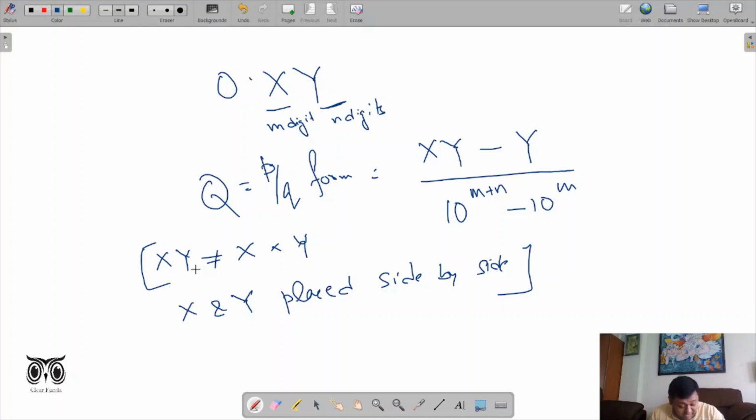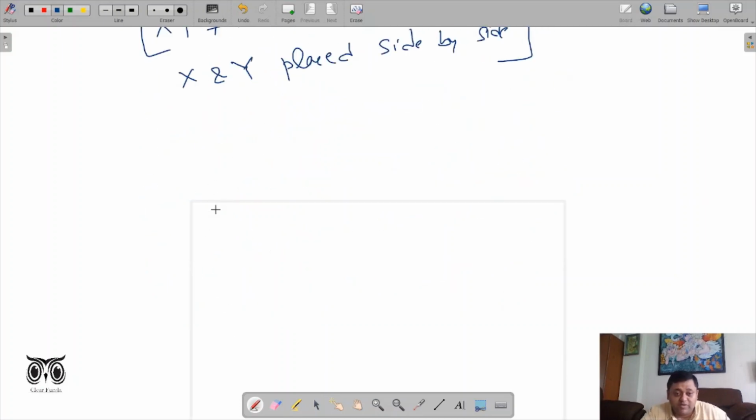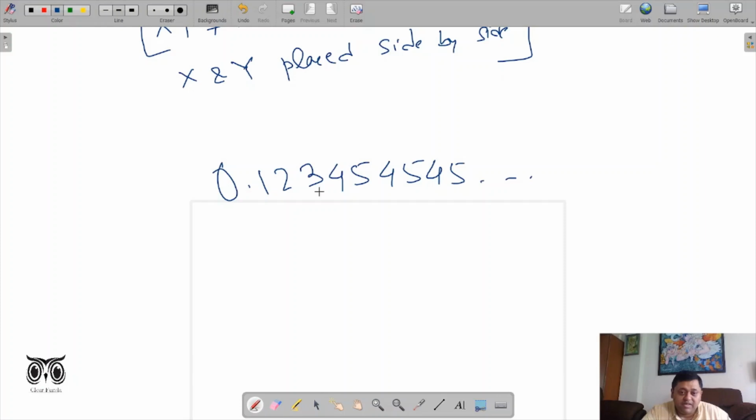Let us show it by example, that will be very helpful for you. Say we have a number 0.123 then 454545, this is repeating. So we will call it 0.12345 bar.